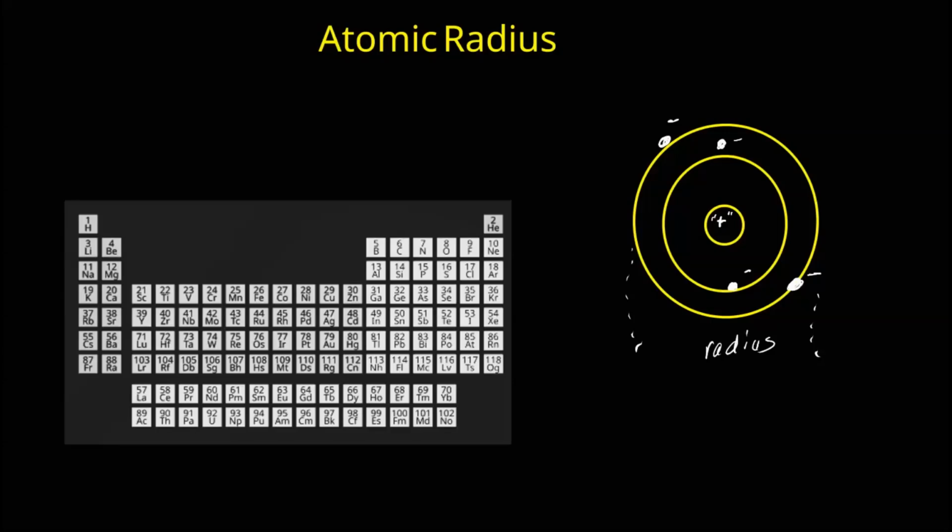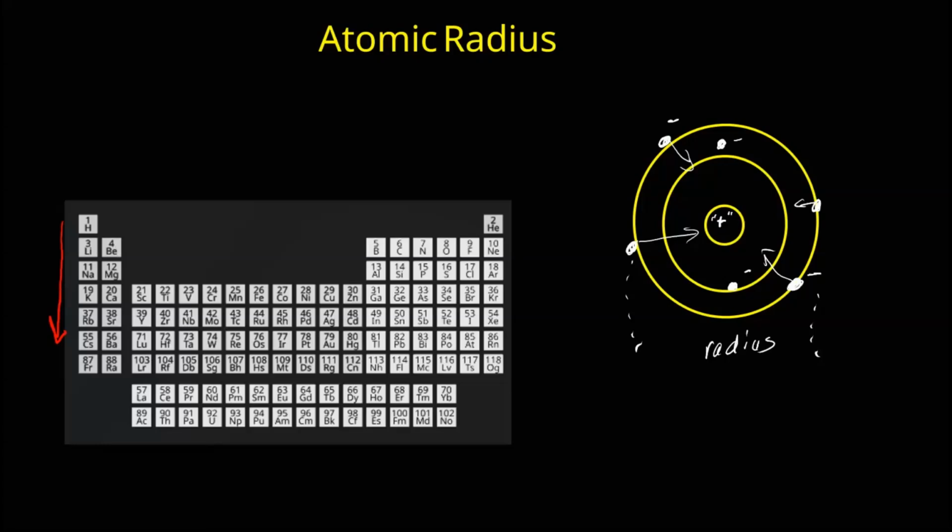The more electrons that I put in the outer shell, the shielding effect does not increase. So therefore, the electrons are pulled more tightly in towards the nucleus. The trend is, if I'm going downward, the atomic radius increases because I have additional shells.